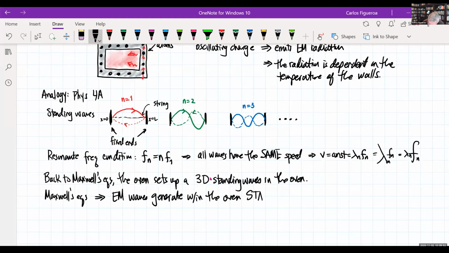And you may have actually even seen this, right? Because you could put a layer of marshmallows into an oven and you can actually see a standing wave pattern, where it melts part of the marshmallow in some places and not in other places here.